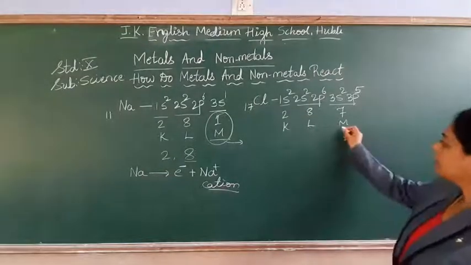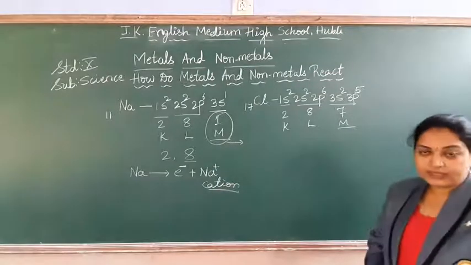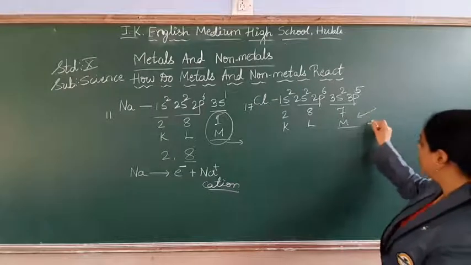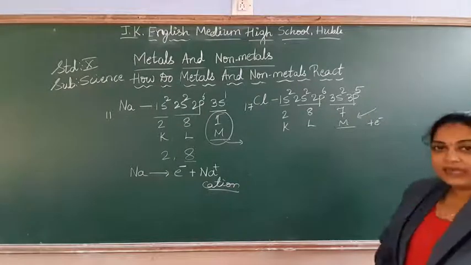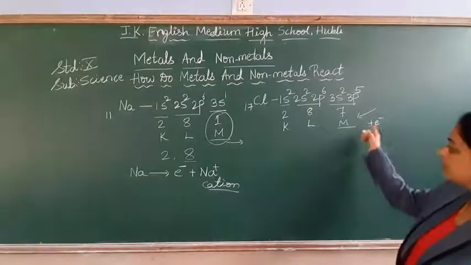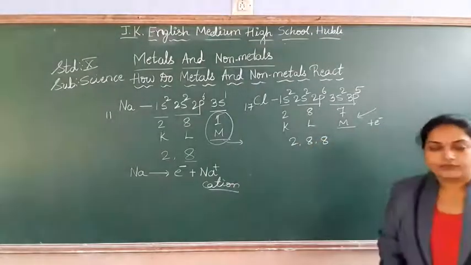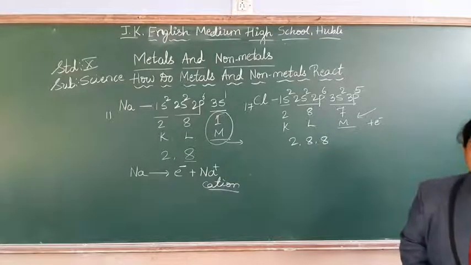Now here how many are there? 7 electrons are there, right? So by gaining one electron, this will become the configuration 2, 8, 8, so that it can become stable.